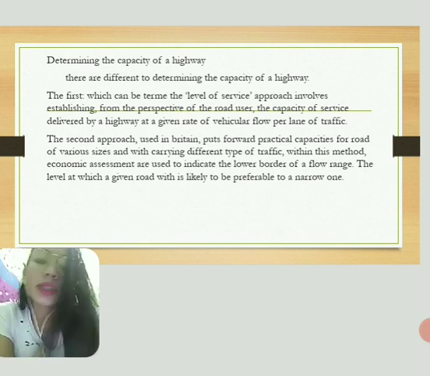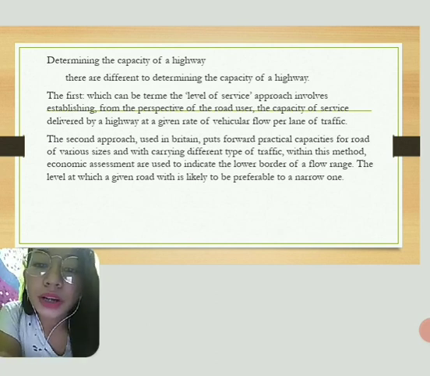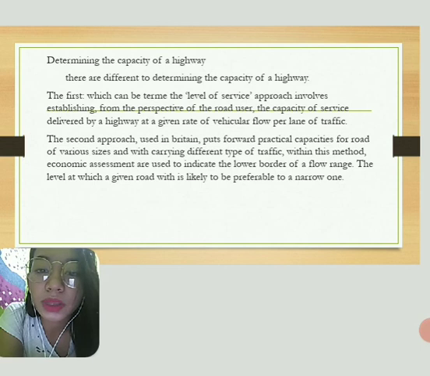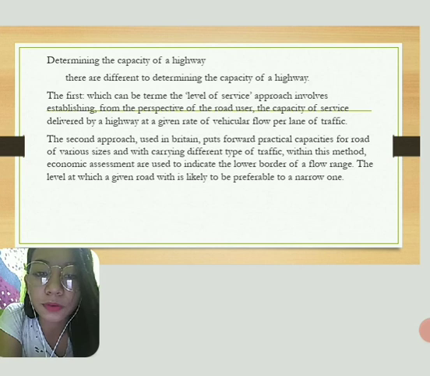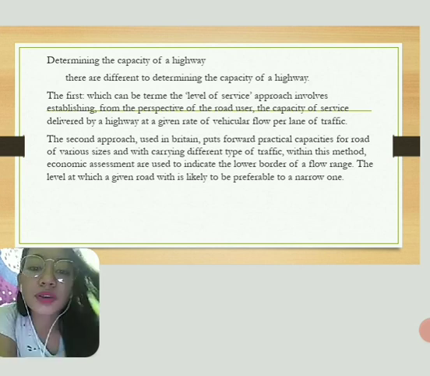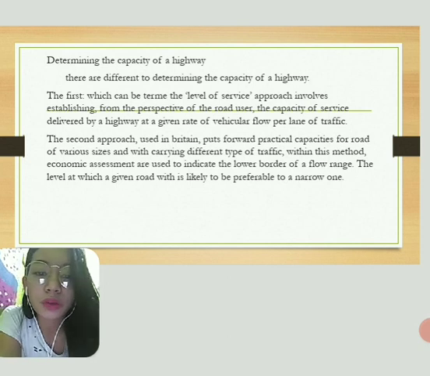Determining the capacity of a highway. There are different approaches to determining the capacity of a highway. The first, which can be termed the level of service approach, involves establishing, from the perspective of the road user, the capacity of service derived from a highway at a given rate of vehicular flow per lane of traffic.